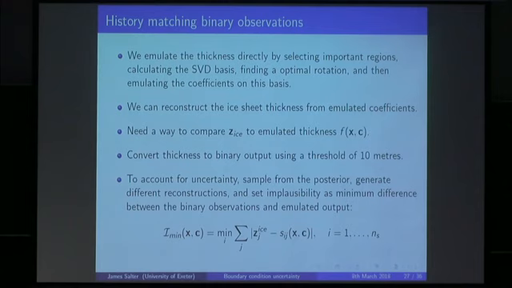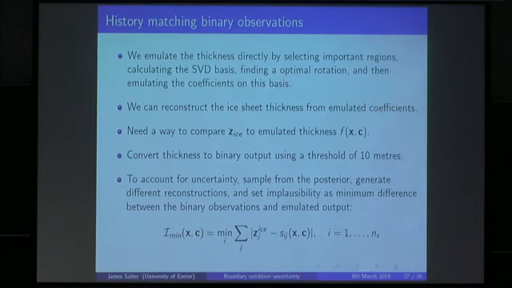Before we can actually history match, you may remember that Glimmer gives output as thickness, so it's in meters, and we have observations for the volume, which we can just emulate as a univariate Gaussian process. We also have observations which are binary, so we need a way to compare the thickness of the ice sheet and binary spatial observations. There's a number of ways we could have done this.